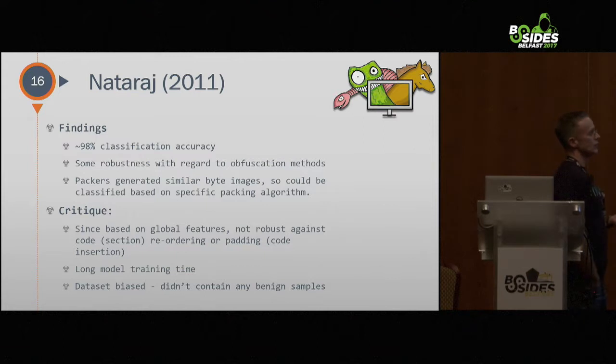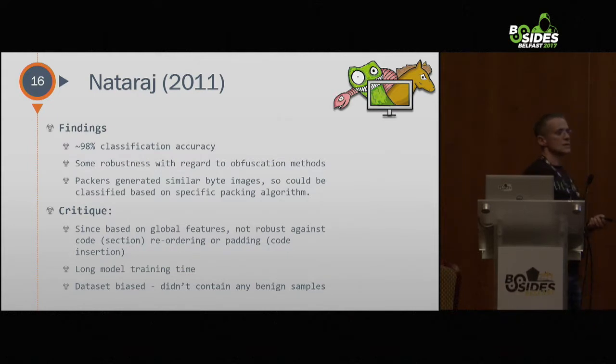Just some critiques on where I base my research from. Since it's based on global features, it's not robust against code section reordering and padding. This filtering system uses an average over the whole file, so if you add a lot of padding at the end, say a lot of null bytes, or introduce a new section into the file, this starts to fall down a bit. It also has a long model training time.